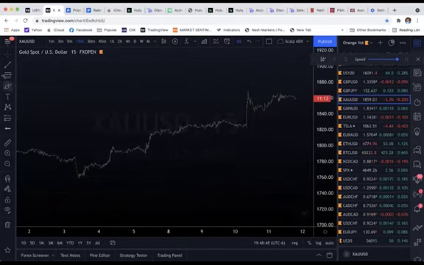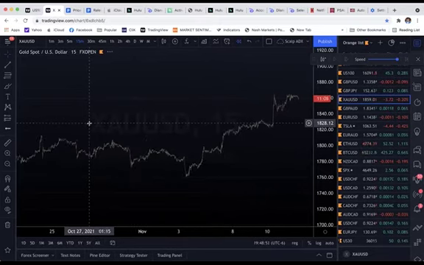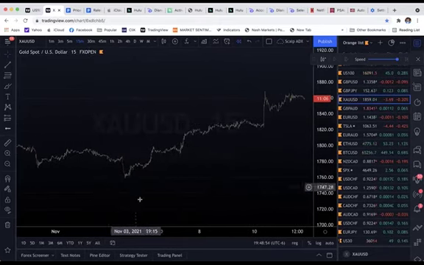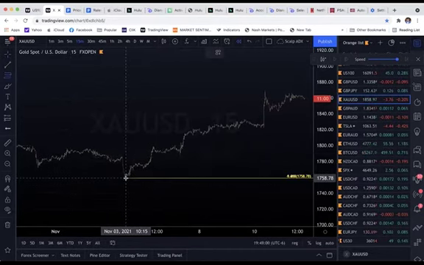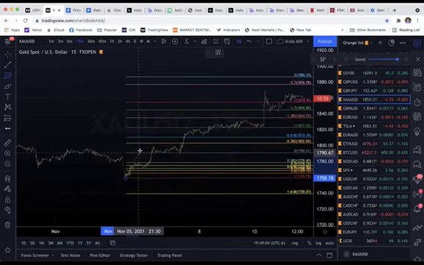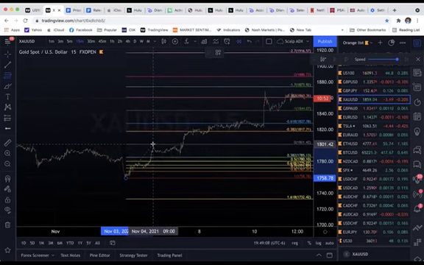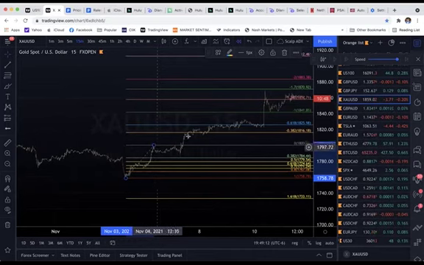Okay, right here, we're in an obvious uptrend, right? You definitely don't want to chase gold, right? So what we do, we take the fib from the lowest and we take it to this peak right here. Okay, let's pretend we don't know what is coming around the corner, right?